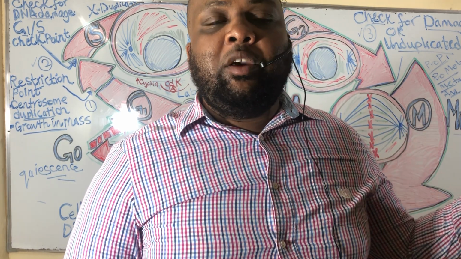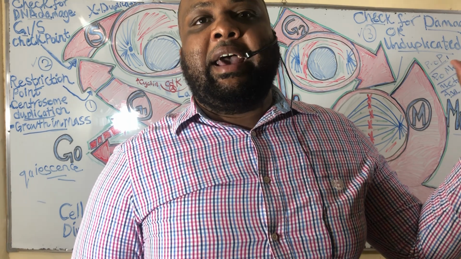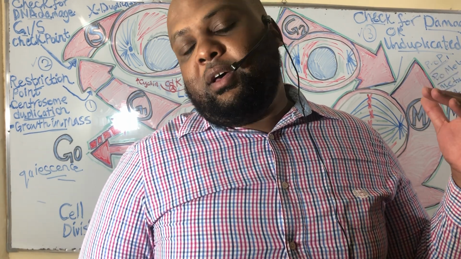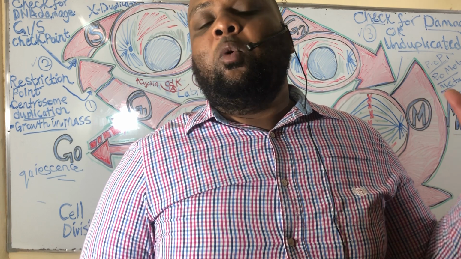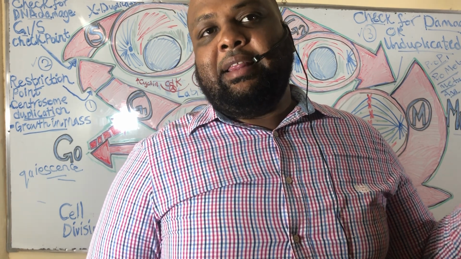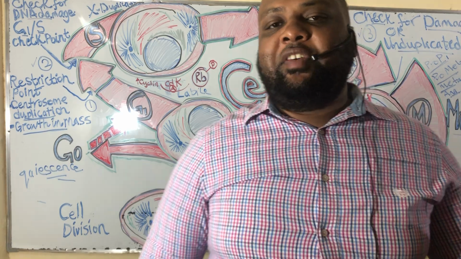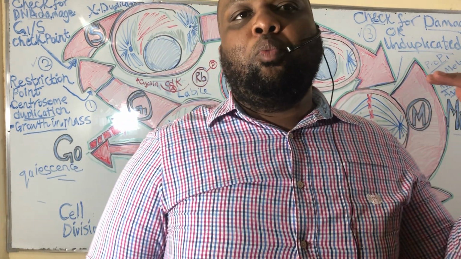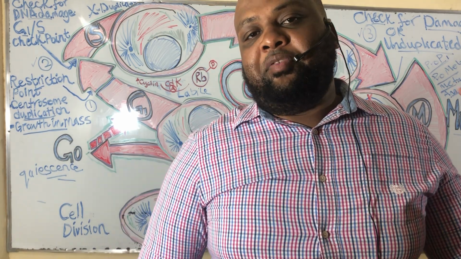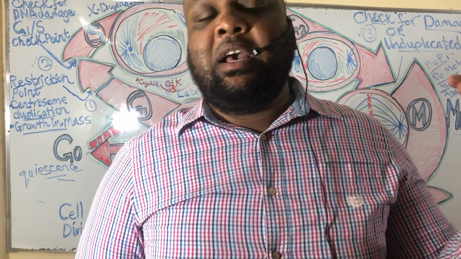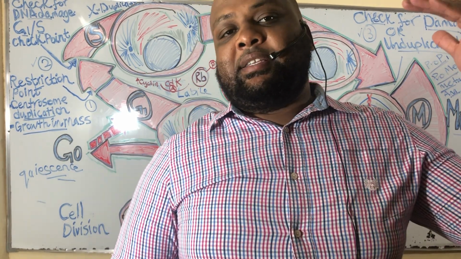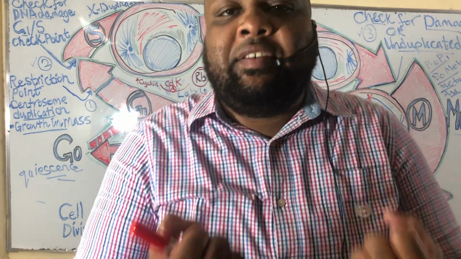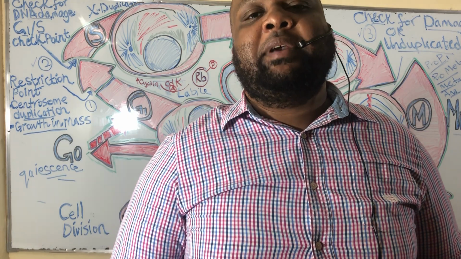Cyclin will keep on accumulating as the cell progresses through the phases of the cell cycle. When the cell reaches the end of each phase and needs to make the leap from one phase of the cell cycle to the next phase, that accumulated cyclin will reach a threshold that is sufficient to activate the cyclin-dependent kinase.